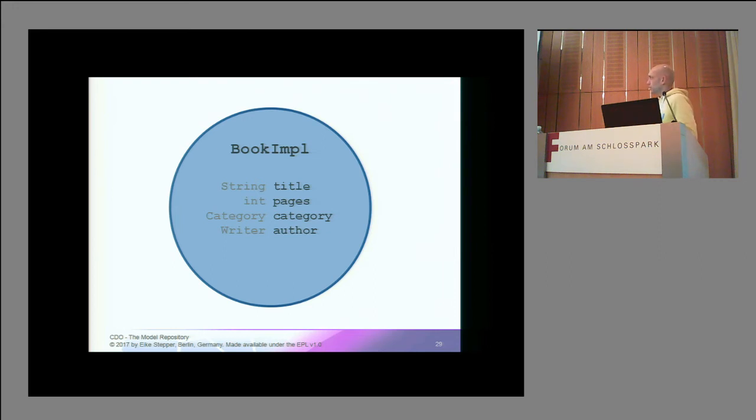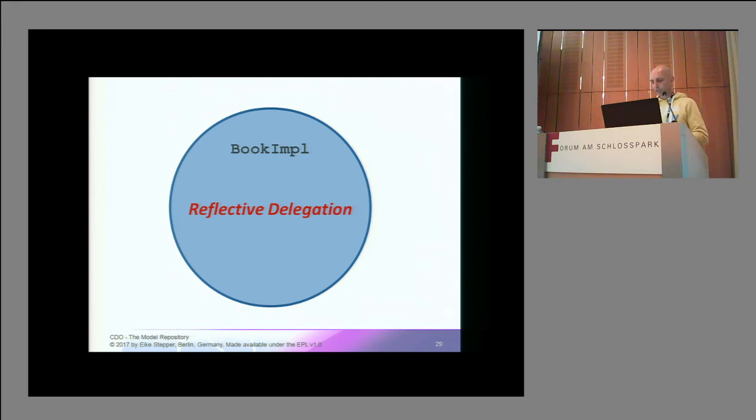We didn't want that in CDO, so we cut out all the generated fields from your classes. And we do that with a simple switch in the gen model. It's called reflective delegation.